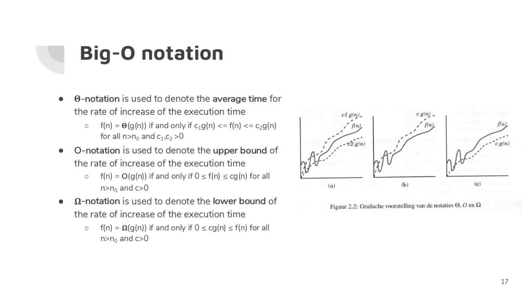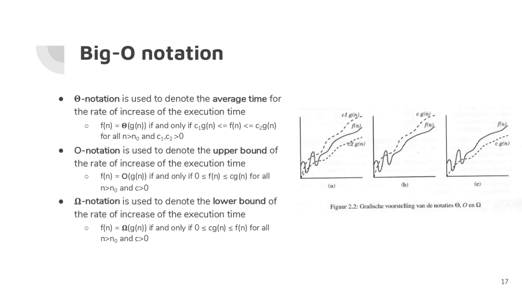Concerning a definition: if you have a function t, in practice it means you ignore all constant terms and only take the leading terms into account, and then you have the average runtime. But in the definition you see that it's an asymptotic analysis. So the average execution time should only hold when the size of the input is bigger than some n0.